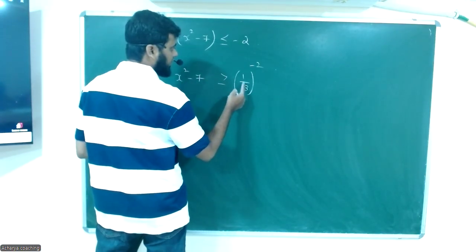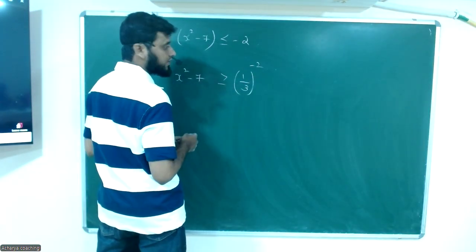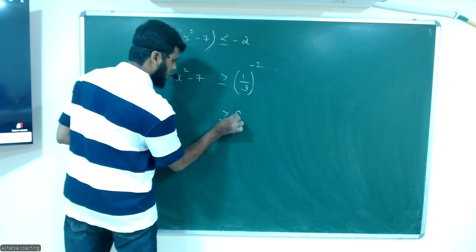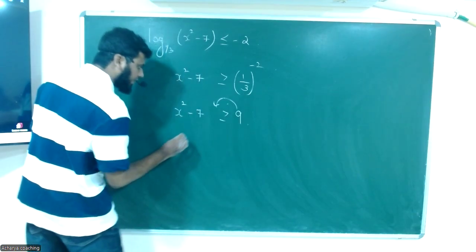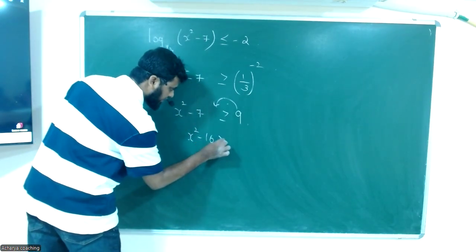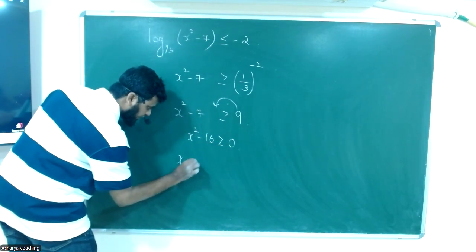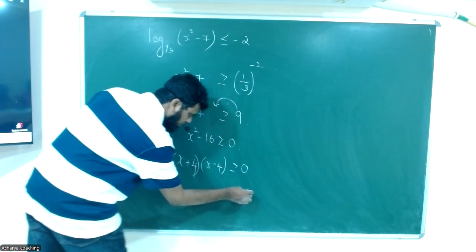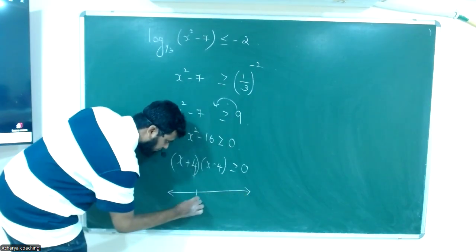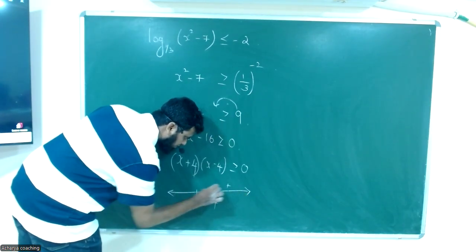So 1 by 3 power minus 2 is nothing but 3 square, which is 9. Here x square minus 7 we have. If this comes here, x square minus 16 greater than or equal to 0, x plus 4 times x minus 4 greater than or equal to 0. Critical points minus 4 and 4, plus minus plus.